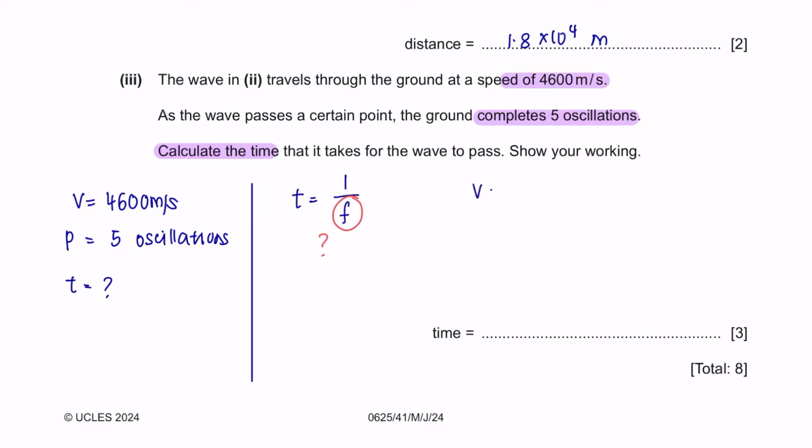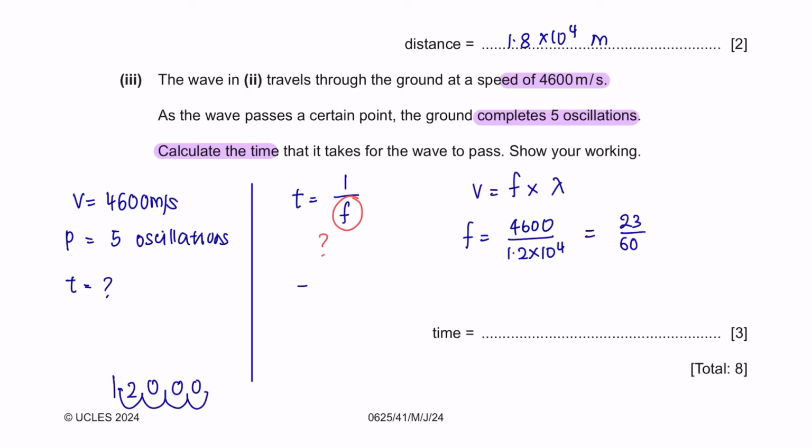So to find the frequency, we can use our formula of velocity equals frequency times wavelength. So the frequency is 23 over 60, and the time taken would be 1 over the frequency, which is 2.61. Now this is the time for one complete cycle, and we've got 5 oscillations. So we'll just multiply our answer by 5, giving us 13.04 seconds. In two significant figures, that would be 13 seconds.